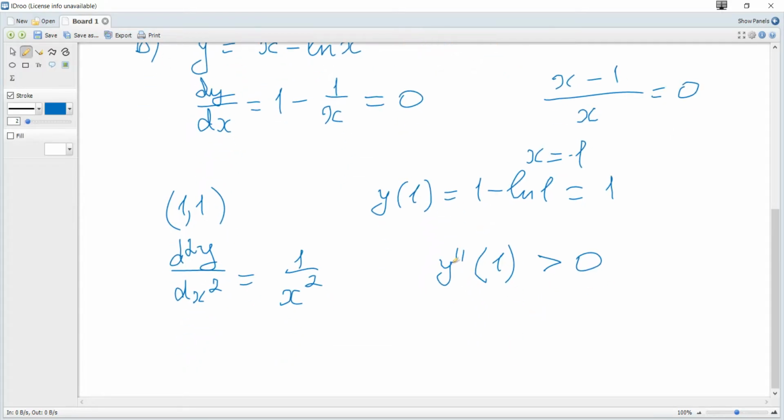But since the second derivative is greater than 0, hence (1, 1) is a minimum point.